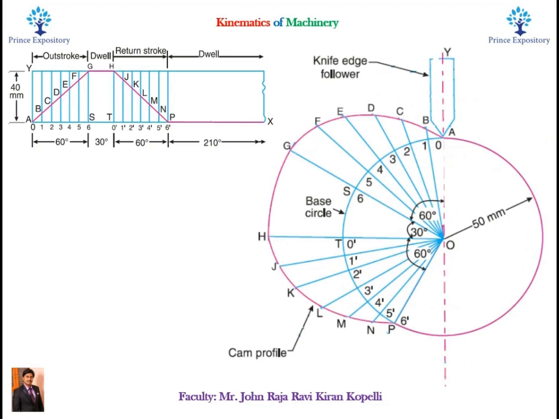In this way, we draw the cam profile for the uniform velocity follower motion with the combination of knife edge follower and radial cam. In the next video, we will look at the case where the axis of the follower has an offset with the axis of the cam.